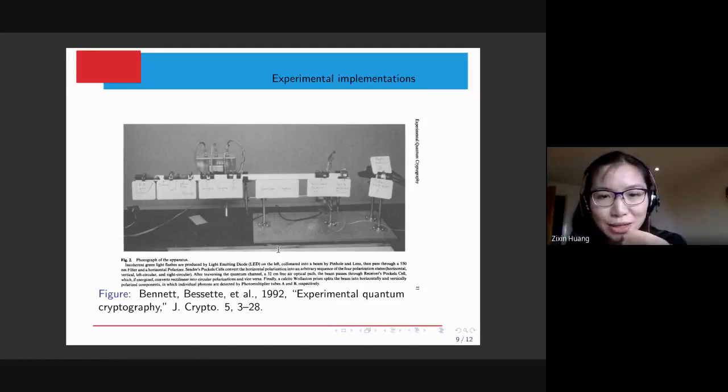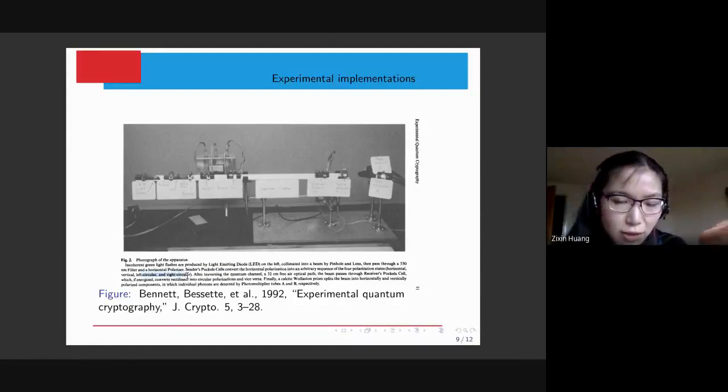I think they were using diodes and photon counters and possibly Pockels cells. So they use something that has the electro-optic effect to convert the photons, which were originally produced in a horizontal orientation, into left and right circular.